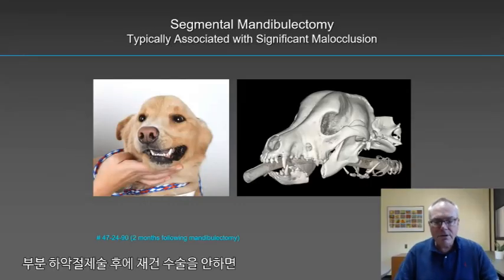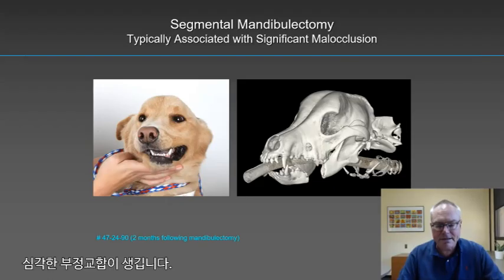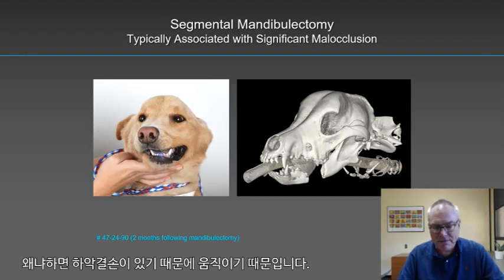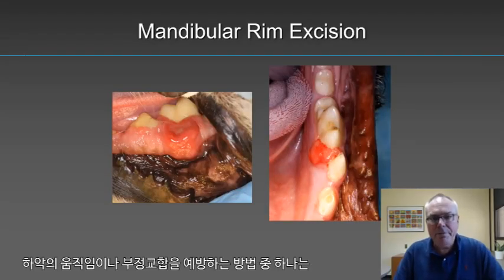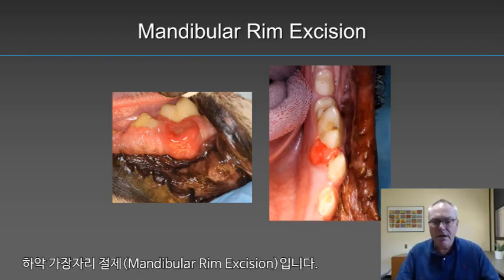If you do not reconstruct a segmental mandibulectomy, then typically these cases are associated with a considerable malocclusion. So because there is a defect, the mandible will move to the affected side.